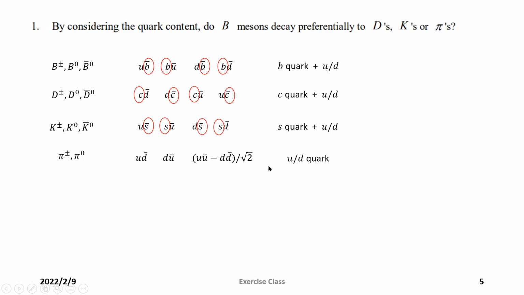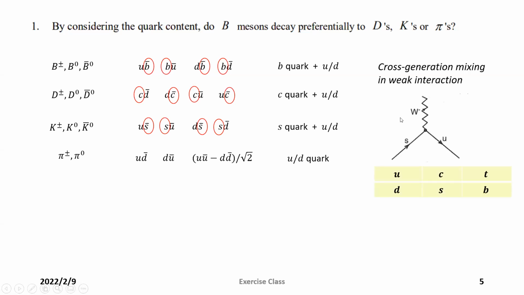And pions are also some mix of U and D quarks. So if a B meson has to decay into one of these, then the transition must involve a transition from the B quark to one of these quarks. So then we have to consider the cross-generation mixing in weak interactions.